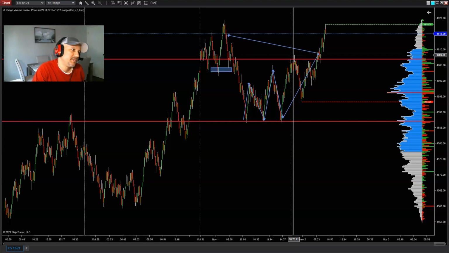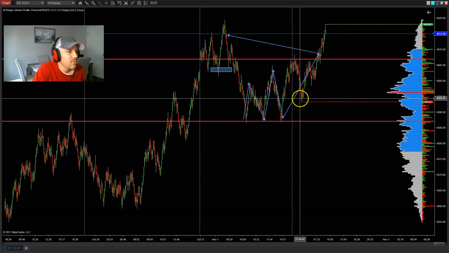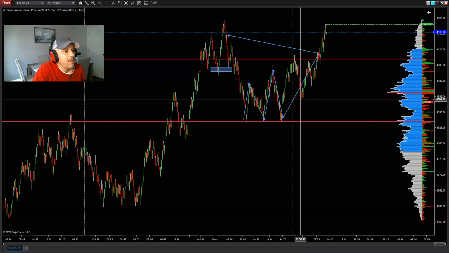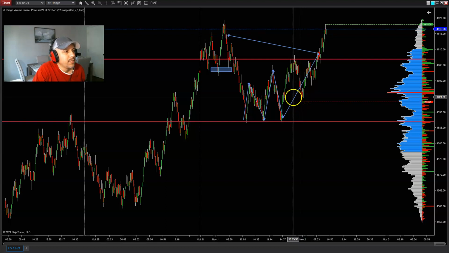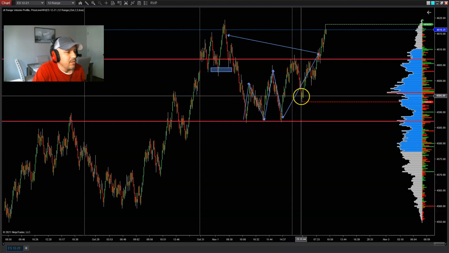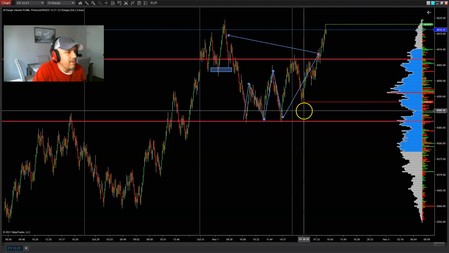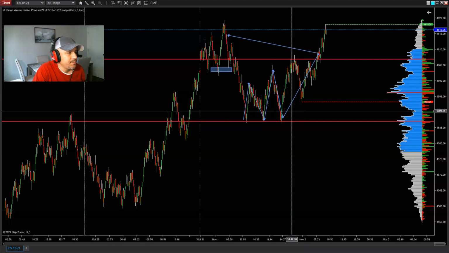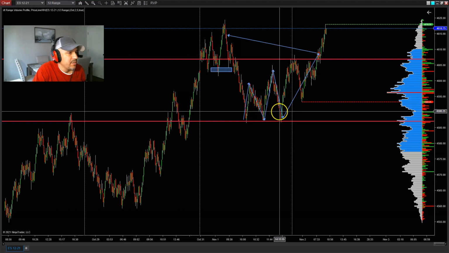So price pulled back, rejected, came back and actually took this little swing level out to the downside as it moved down, and then it didn't come down here. Pretty sure it's going to have to.